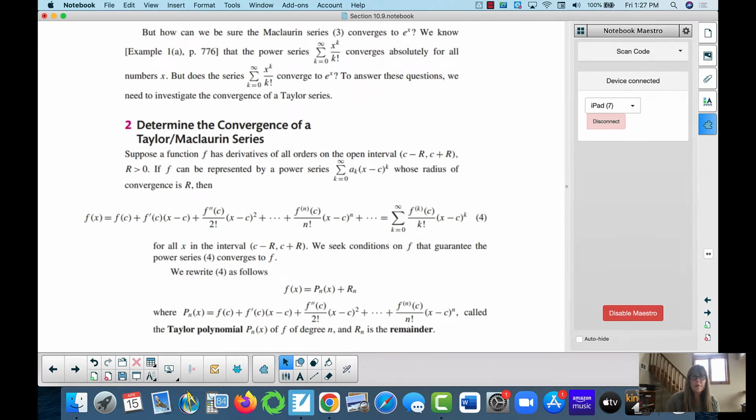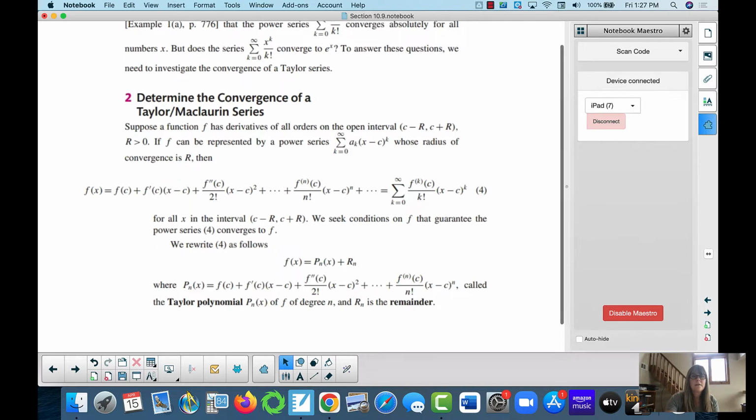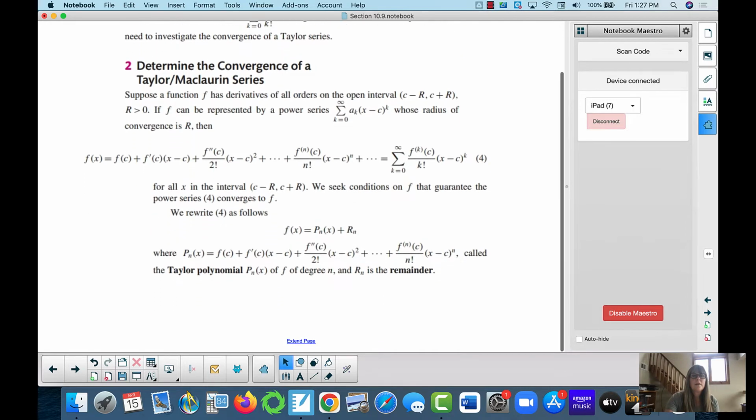To prove, and you won't have to do this, but to prove that this does actually converge to e to the x for all x's, what we have to do is we have to show it's going to be all x's in that interval.